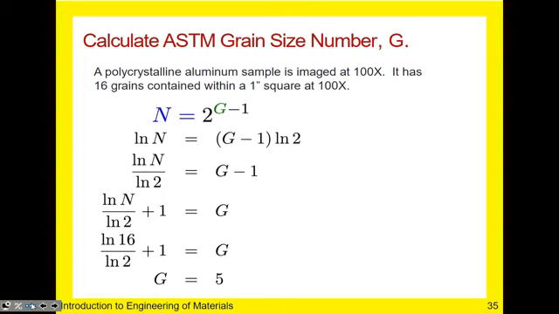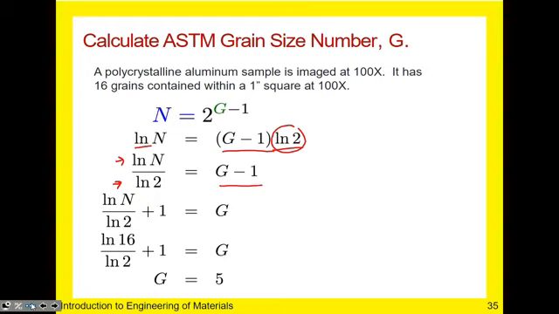So you take the log of both sides. You can see here the exponent becomes the prefactor, right? G minus 1 was in the exponent. So then if you move ln of 2 over to isolate G, you have ln of n divided by ln of 2, and that is still equal to G minus 1.